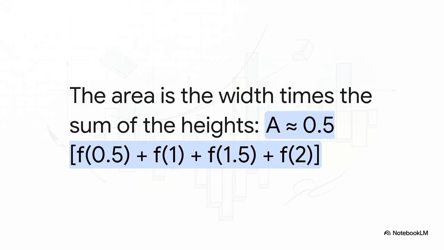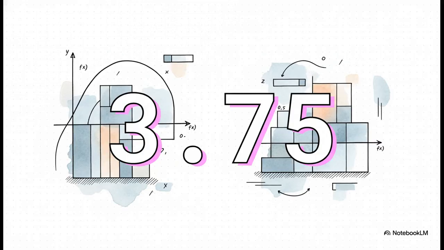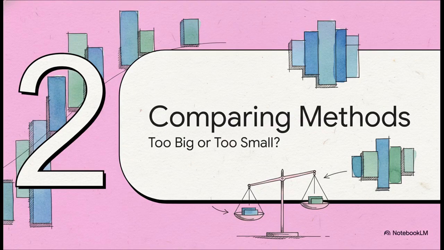And the heights? We just get those by plugging each of our right endpoints into our function, x squared. Okay, now we just have to crunch the numbers. We plug in our endpoints, so that's 0.5 squared, plus 1 squared, plus 1.5 squared, plus 2 squared. We add all that up and multiply it by our width of 0.5, and that gives us a final estimated area of 3.75.